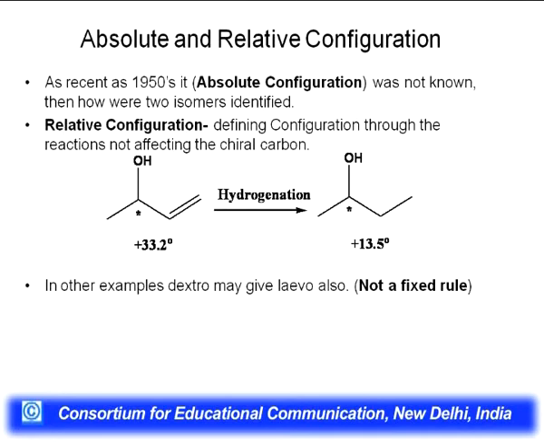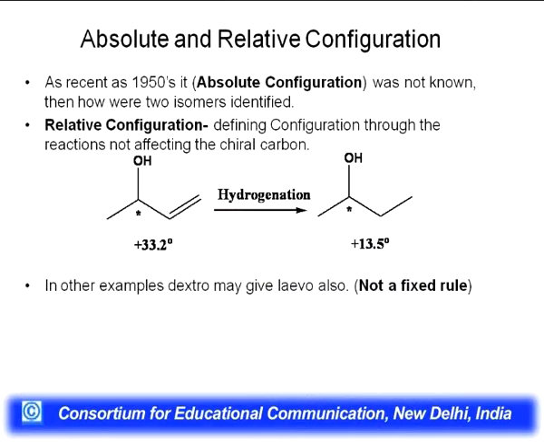At that point of time it was not available how to do the correlation. What they used to do was correlate the configuration of the dextro isomer with another alkene.